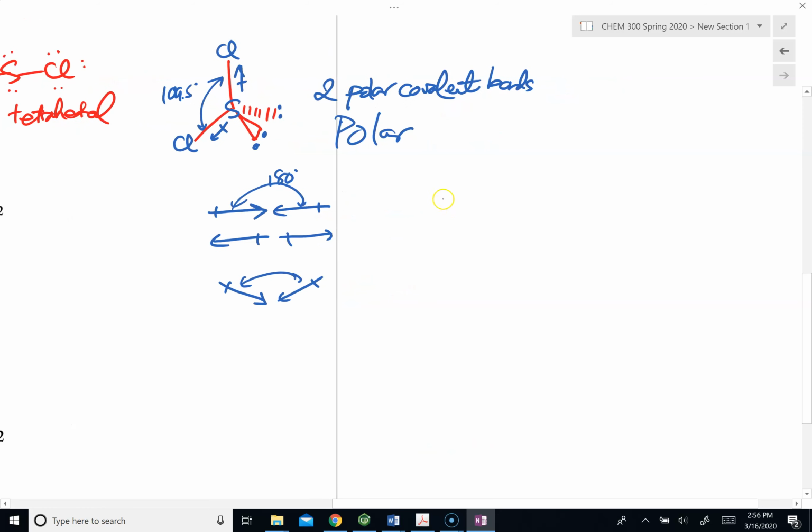And if we were to have a trigonal geometry, in order for a trigonal geometry to cancel out, they have to be pointing 120 degrees from each other, and that's the bond angle of trigonal planar. And if we would have such, they would cancel each other out, and that would then make this molecule nonpolar. Similarly, we can have them pointing into each other 120 degrees.